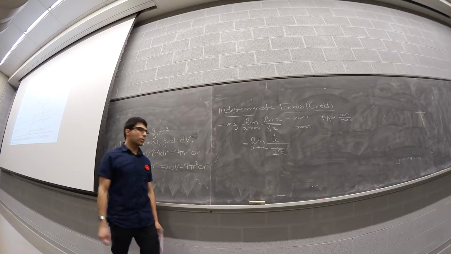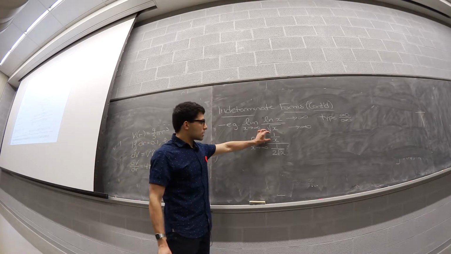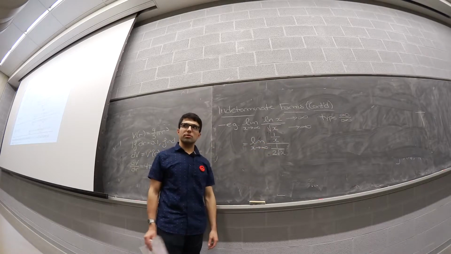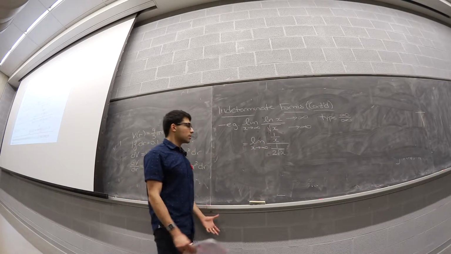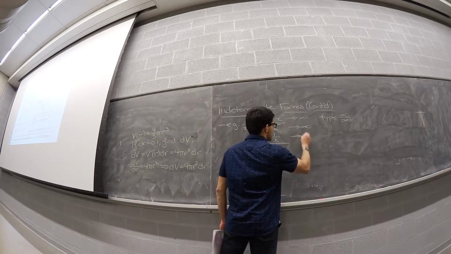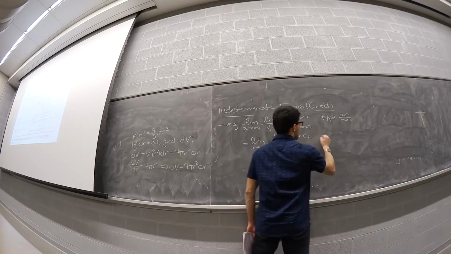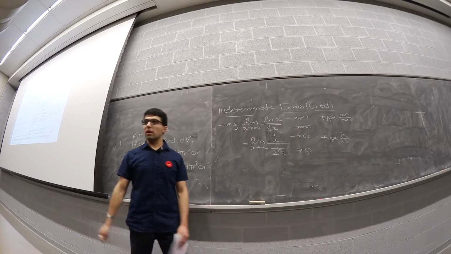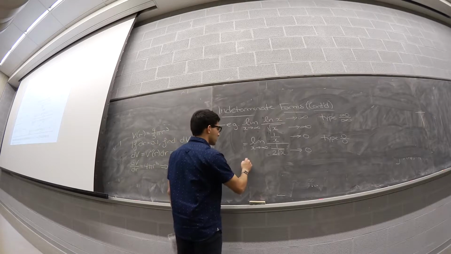Okay? At this point, you could say, that goes to 0, that goes to 0. So that's 0 over 0, so I'll do L'Hopital again. Okay? Well, you shouldn't do that. So again, you could note that this is indeterminate of type 0 over 0, and then do L'Hopital again, okay? Or you could be smarter about it and do this.